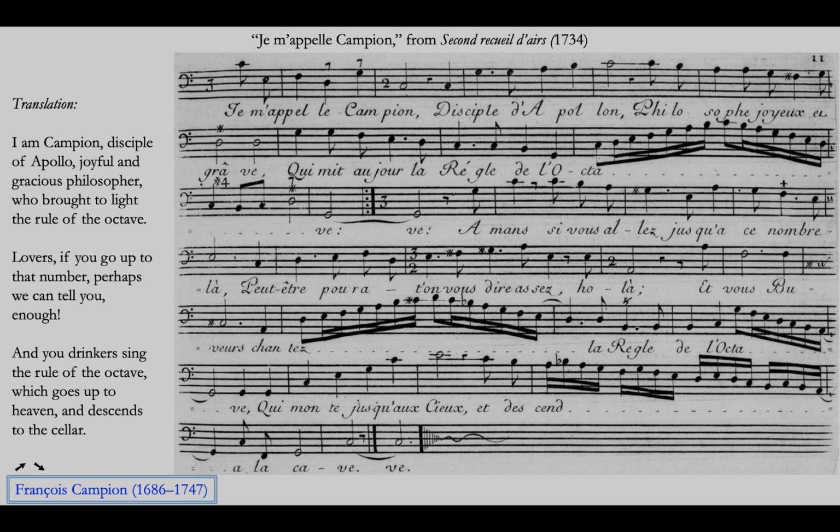Et vous, du cœur, chantez la règle de l'octave qui monte jusqu'au ciel et descend à la barbe.